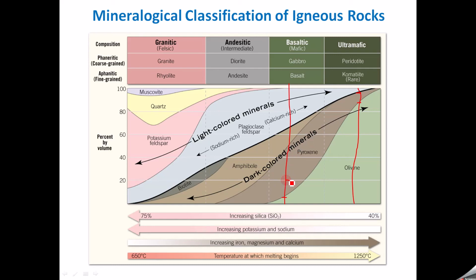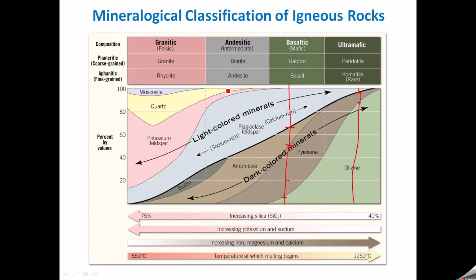And here pyroxene, about 45%, and then 10% amphibole, and then here almost 40% calcium rich. So the amount of olivine decreased, but pyroxene and amphibole increased, and the calcium rich increased.